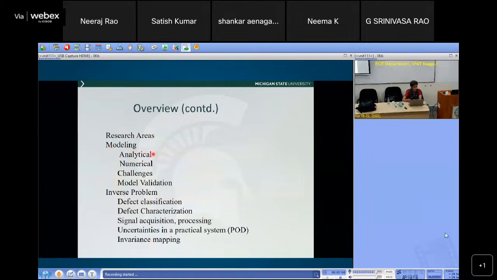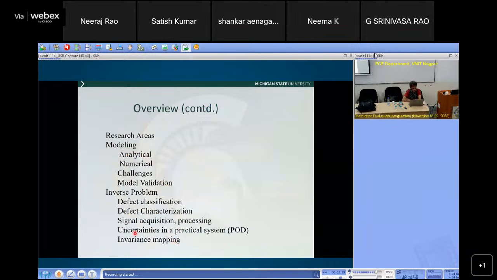There is a modeling component. Again, we will talk a little bit about this. Modeling can be analytical or numerical, and there are a lot of challenges even when you're looking at the modeling of these processes. And this is typically referred to as the forward problem.